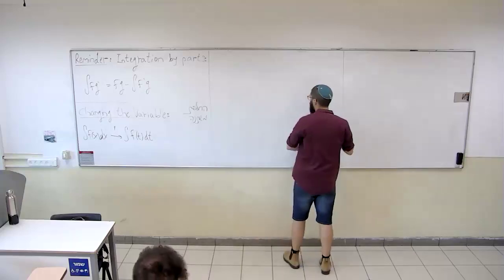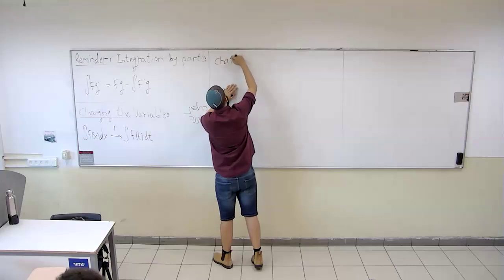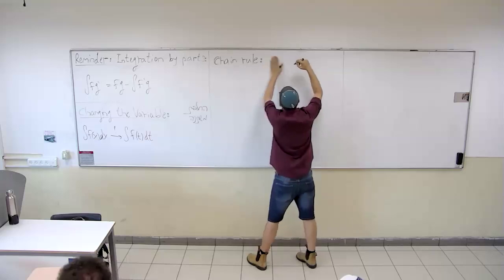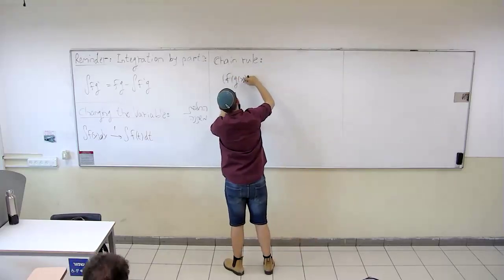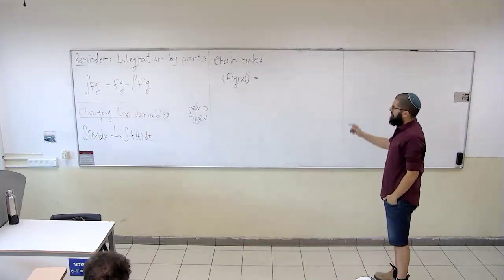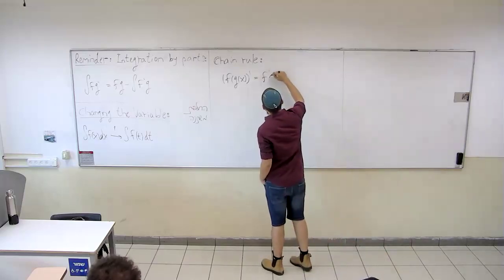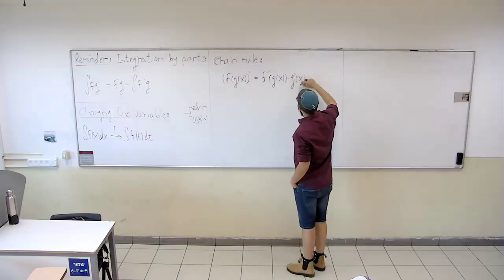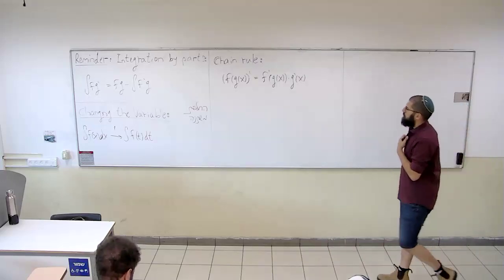When we talk about derivatives, we know the chain rule. If we want to differentiate f with g inside it, we do it this way: f'(g(x)) multiplied by g'(x).